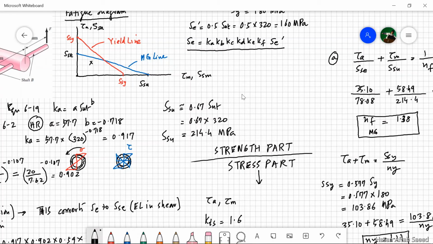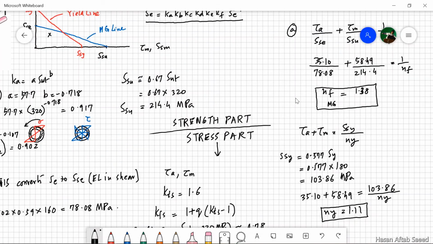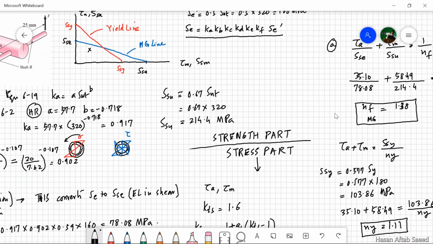Now let's talk about part B of the problem. So in this case, we can further discuss this. NF is 1.38, NY is 1.11. What is actually happening here is, if we extend this point on the same load line with the same slope, it will cross the yield line first, and later on it will cross the modified Goodman line.